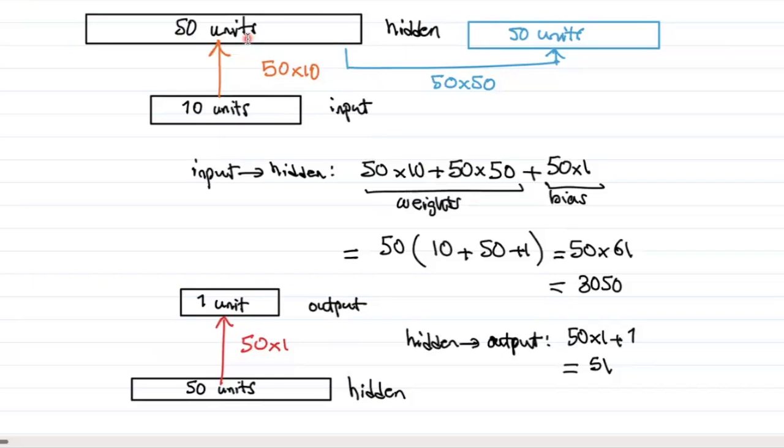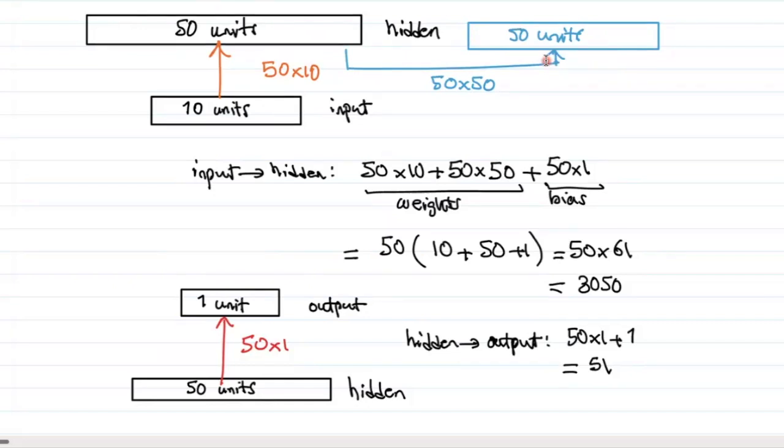So according to what we had before, the number of weights or connections is 50 times 10. But remember, this hidden state is actually connected to the hidden state of the next time step. So you can think of these 50 units as being connected to another 50 units, which is the hidden state of the next time step.